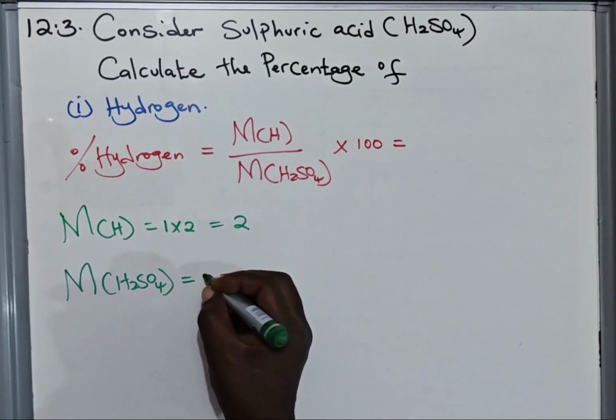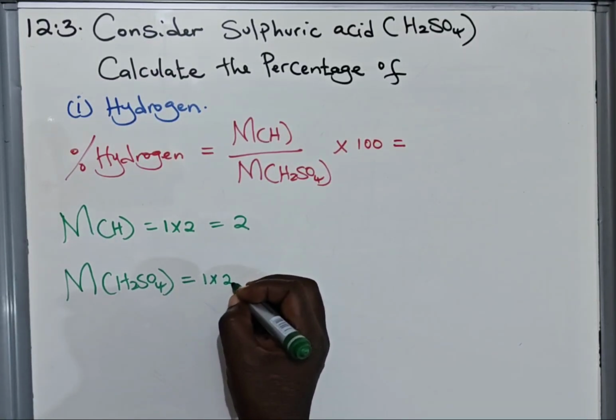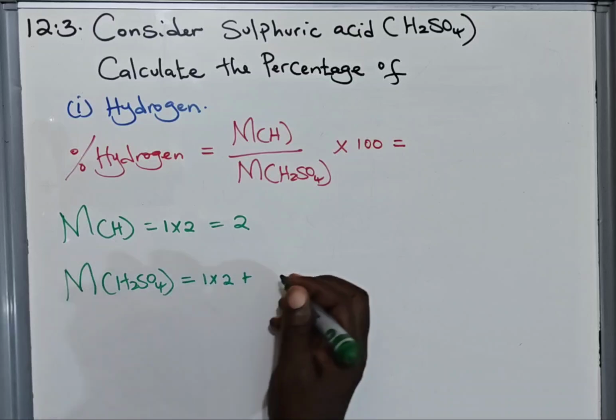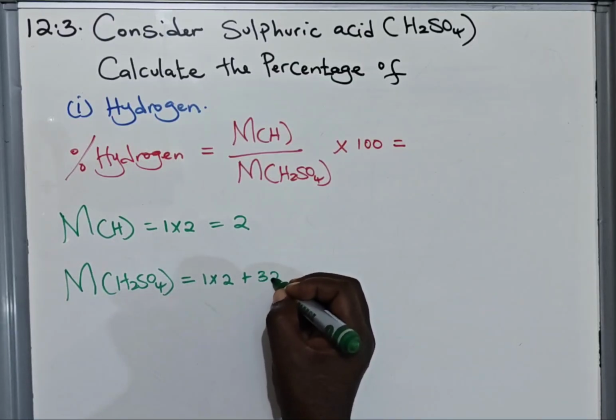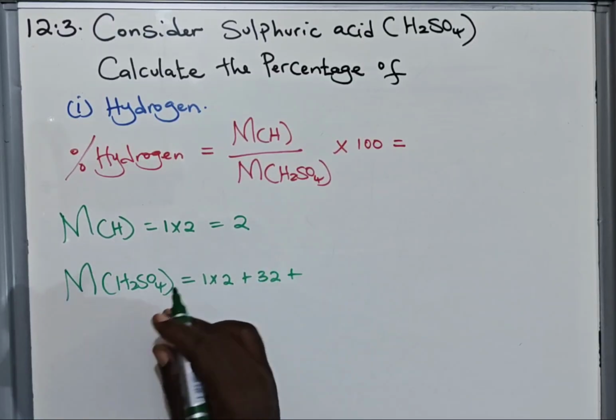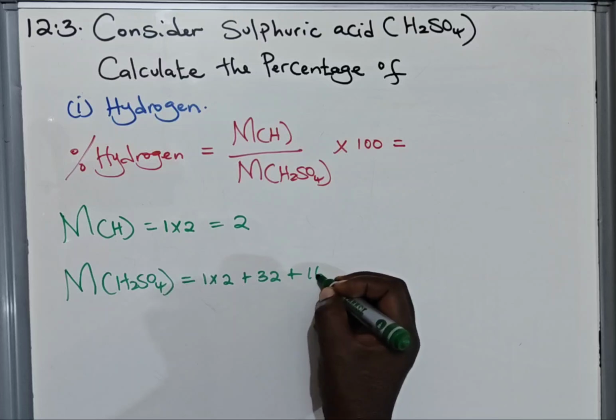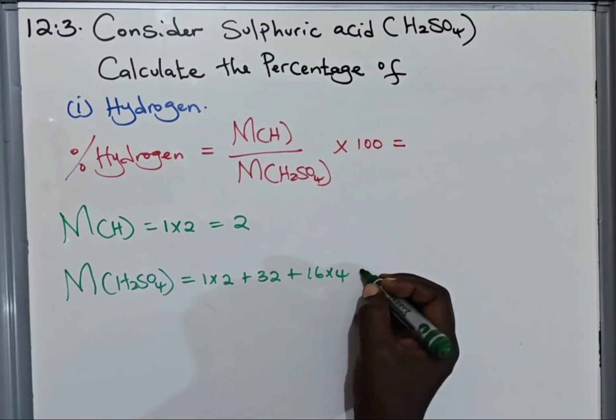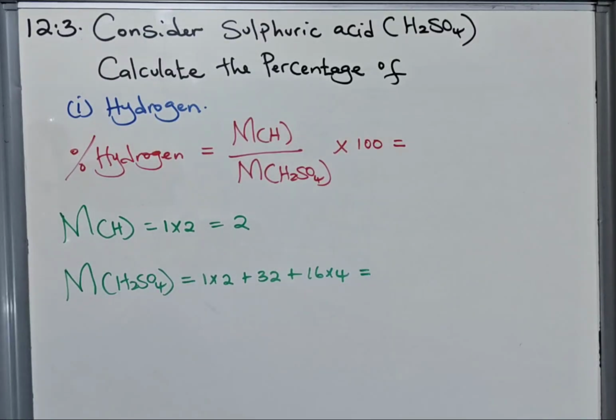It's going to be 1 times 2, plus sulfur, which is 32, plus oxygen, which is 16, but times 4, giving us 98. So that's what we have.